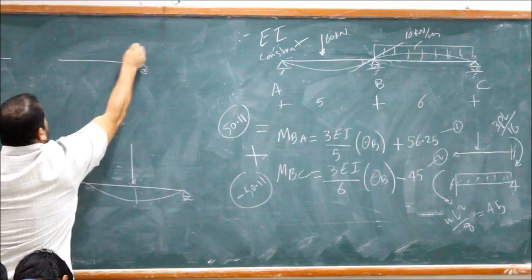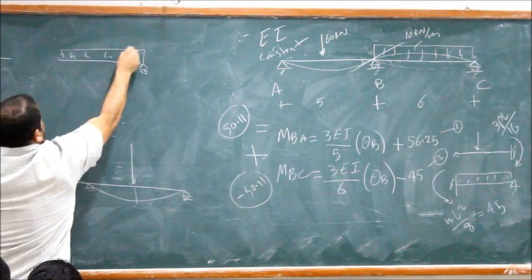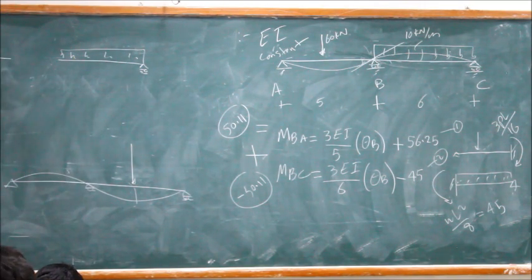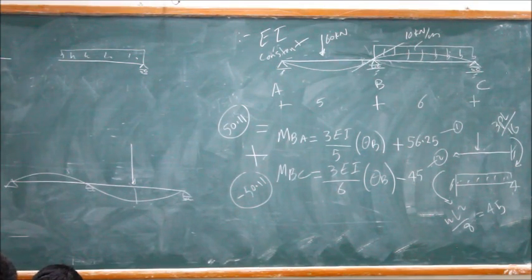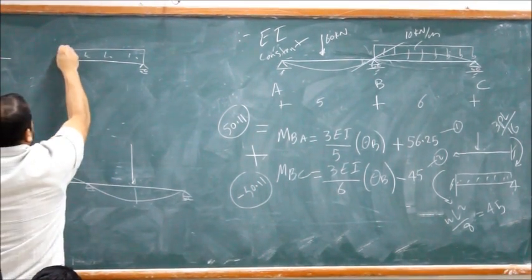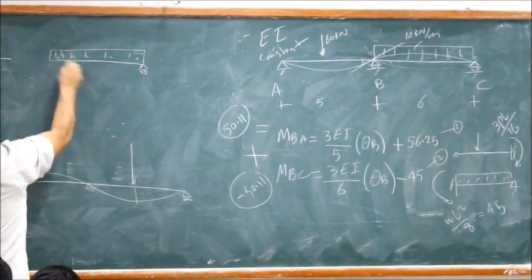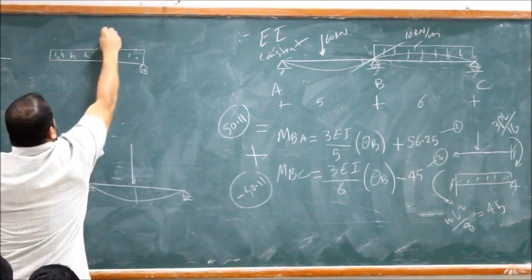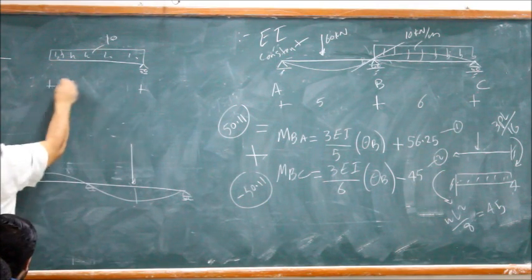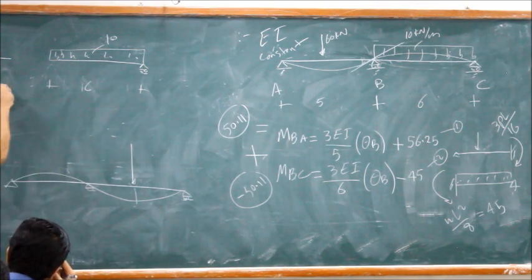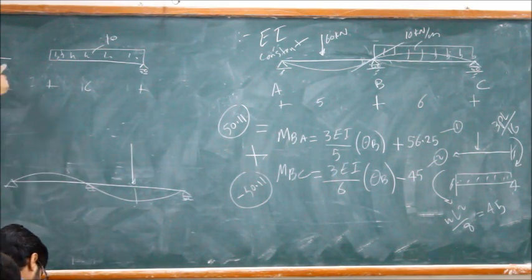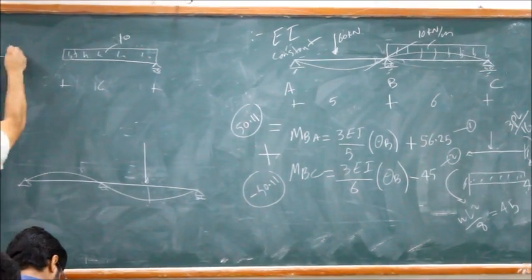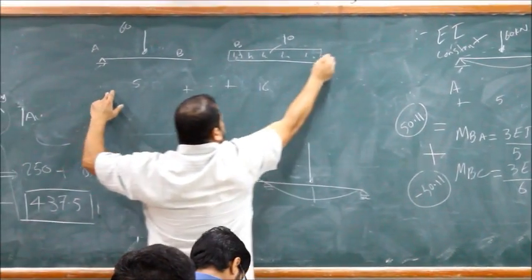I have the distributed load here, and I have concentrated load here. 60, and this one is 20, 10, and this is 6, and this is 5. So we said this is A, B, B, C.